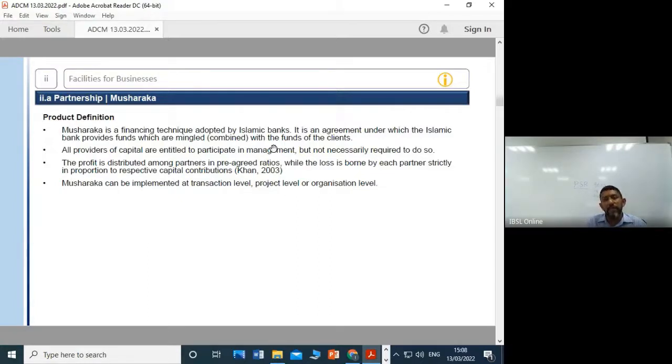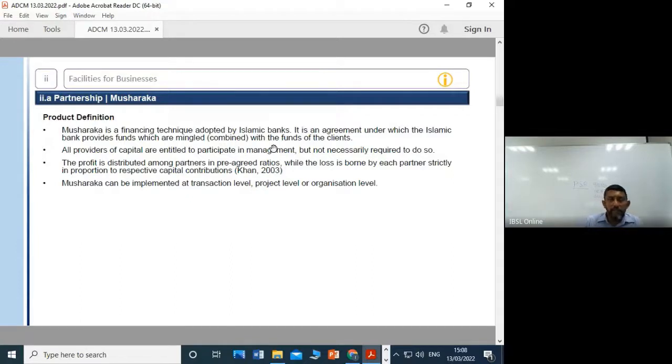It can be till, let's say, the customer buys tea and sells that in the market, the bank can engage in partnership. So normally it's defined as a number of months.